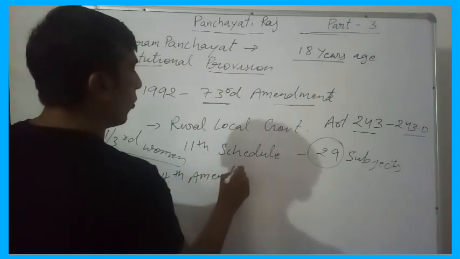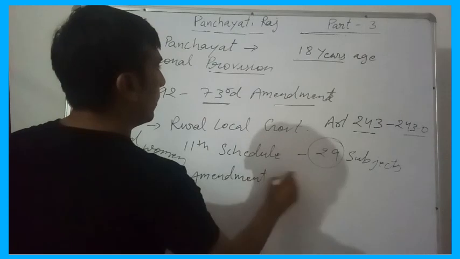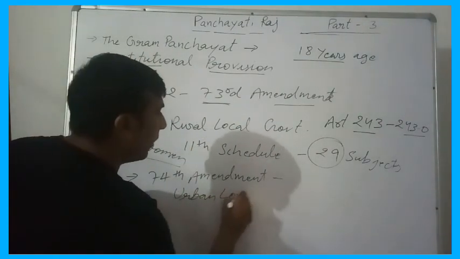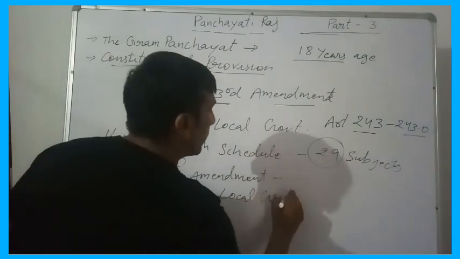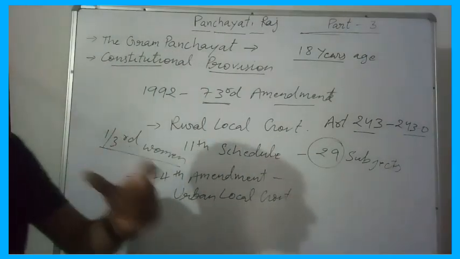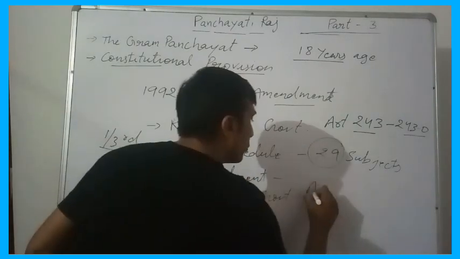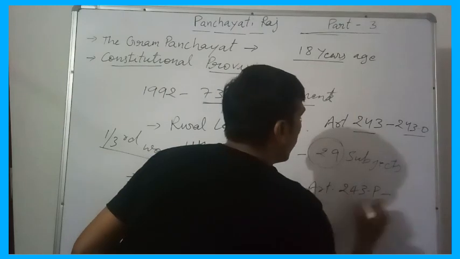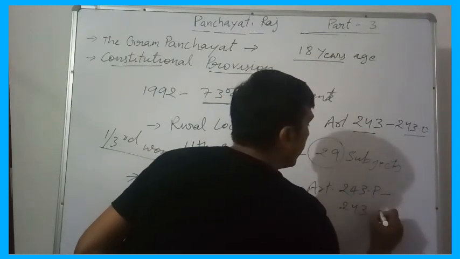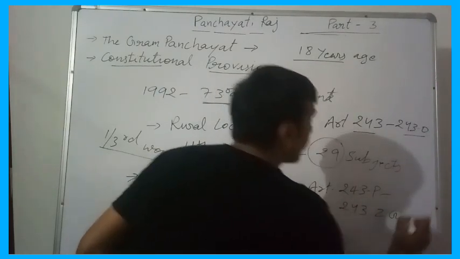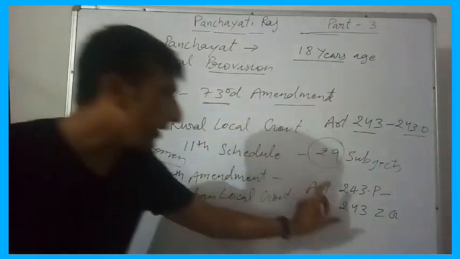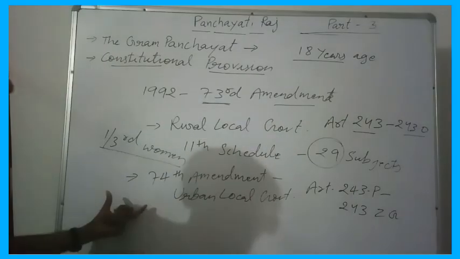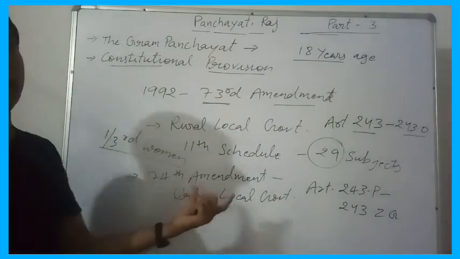According to the 74th Amendment, urban local government was provided with constitutional provisions in the Indian Constitution, Article 243P to Article 243ZG, right. So in these articles, urban local self-government was explained according to the constitutional amendment, 74th Amendment in 1992.